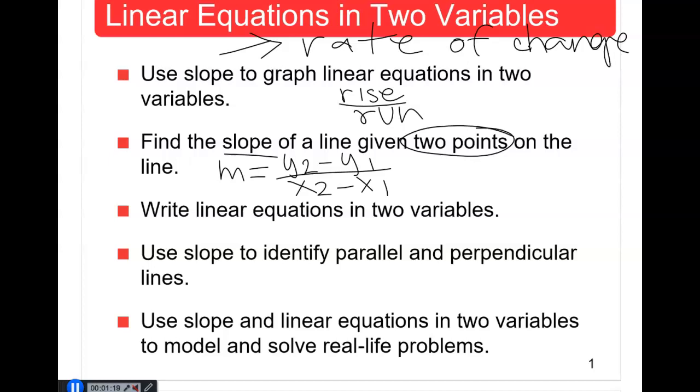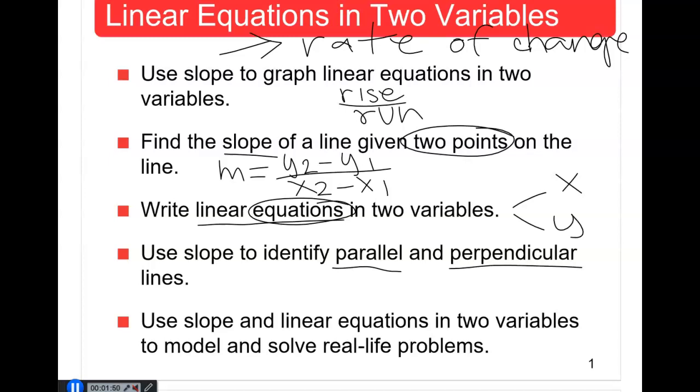And based on that slope, we're going to be writing linear equations in two variables. Those two variables will be x and y. And then we're going to look at different forms of writing the equation. They're all listed at the end of this presentation. So we're also going to be using the slope to identify parallel and perpendicular lines.